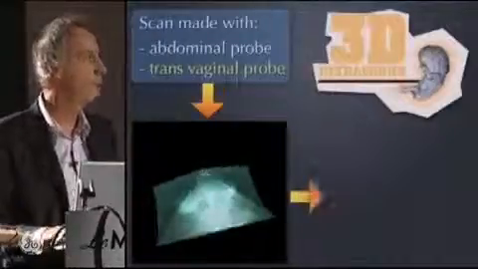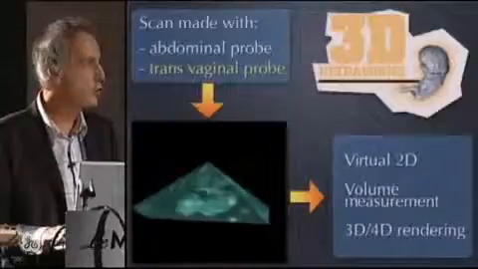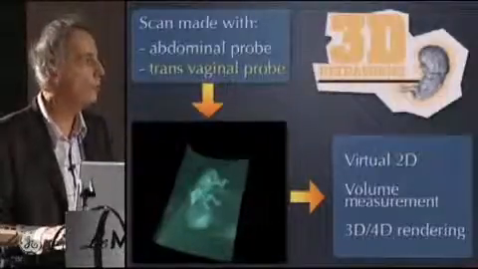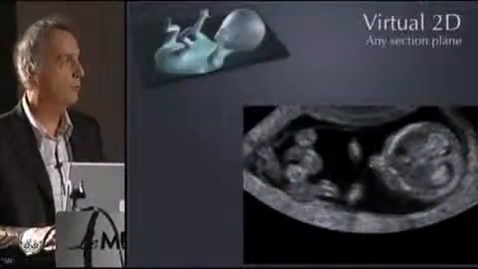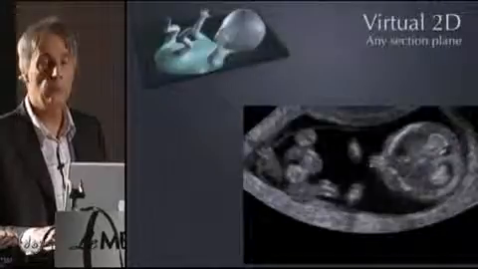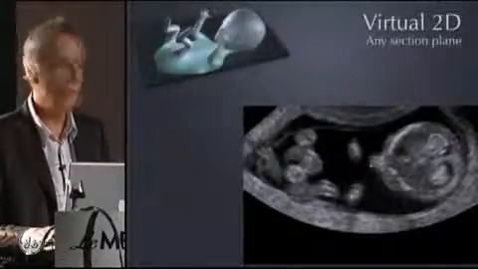With this, what you can do, always the same: you can do a virtual 2D, you can do any section plane inside, you can do volume measurement, and you can use the 3D and 4D rendering. With the virtual 2D, if you use a vaginal probe, sometimes the fetus is not in the correct position and it's really difficult to move.